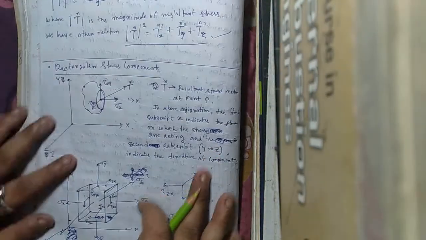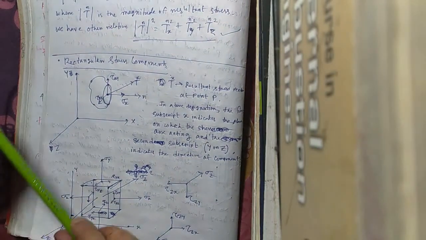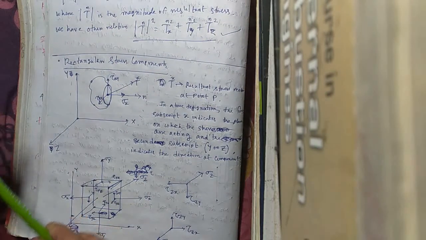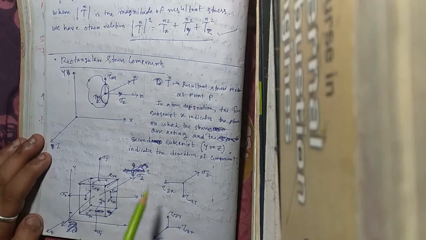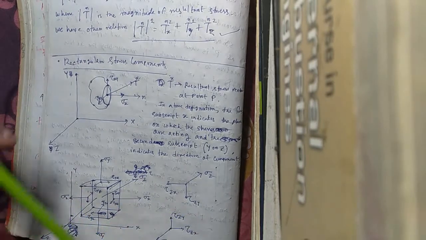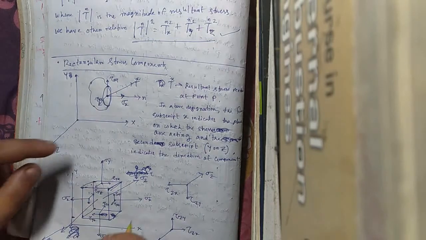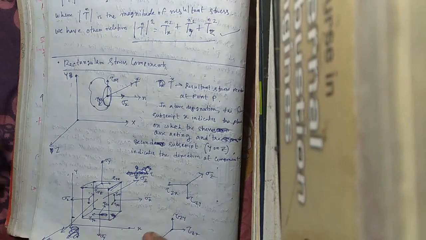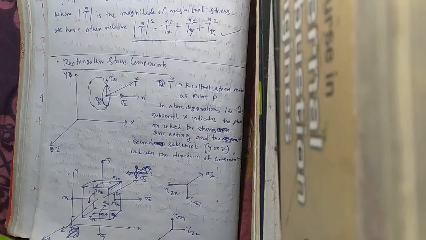So we can see that at any point P we can draw three mutually perpendicular planes: the xy plane, yz plane, and zx plane. They are also known as the x plane, y plane, and z plane, because the yz plane is also known as the x plane, the xy plane is also known as the z plane, and the xz plane is also known as the y plane.